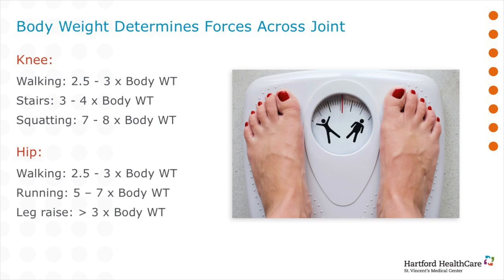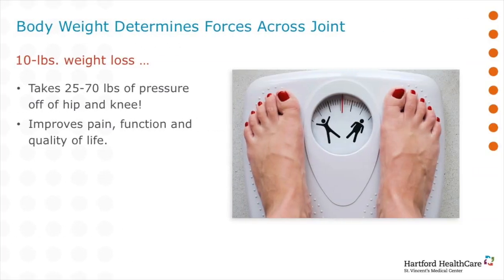The forces can be anywhere from 2.5 to 7 or 8 times body weight. What this translates to is that a 10-pound weight loss can take 25 to 70 pounds of force off of the hip and knee joint, which will improve pain, function, and your quality of life.